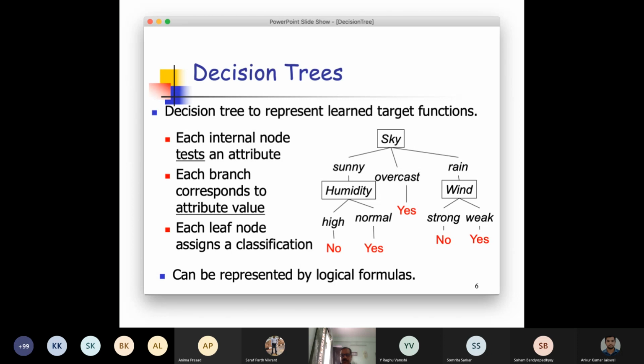But we can also use it in the form of conjunctive concepts. For example, in this case, this could be represented in this form also. Right? These are concepts you have learned. So each conjunction is a concept, and the disjunction of these conjunctions is shown here. Hope it is clear to you.